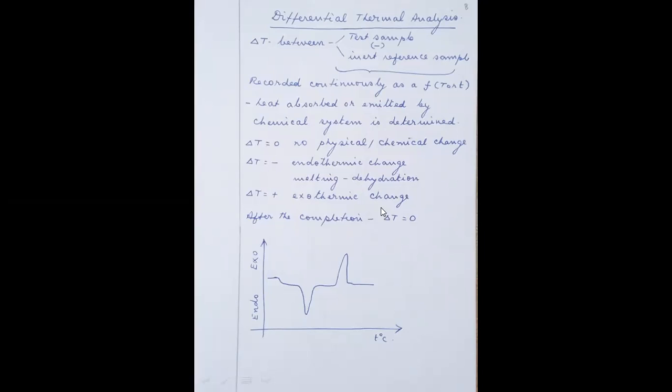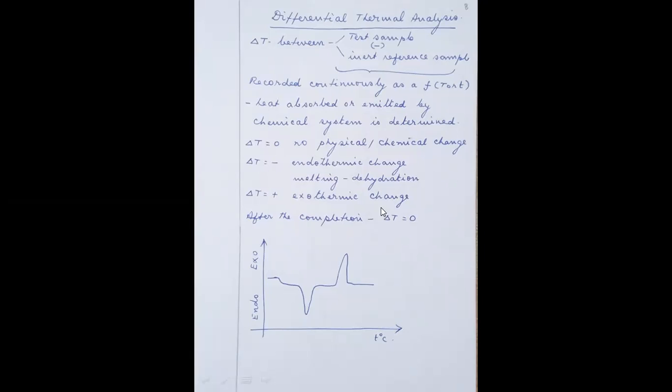Once a particular physical change or chemical change is taking place, there will be evolution of heat or absorption of heat. If heat is given out, automatically the test sample temperature will be higher than the reference sample.